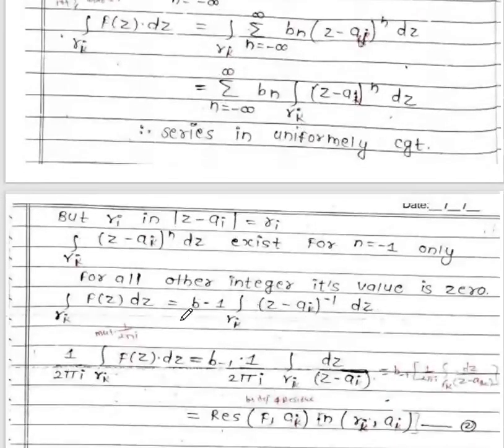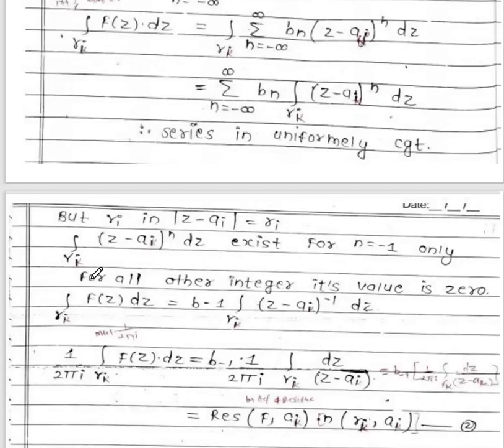Here gamma k is the circle |z minus ak| equal to the radius. Therefore the integral over gamma k of (z minus ak) to the power n dz exists for n equal to minus 1 only; for all other integer values it is 0.